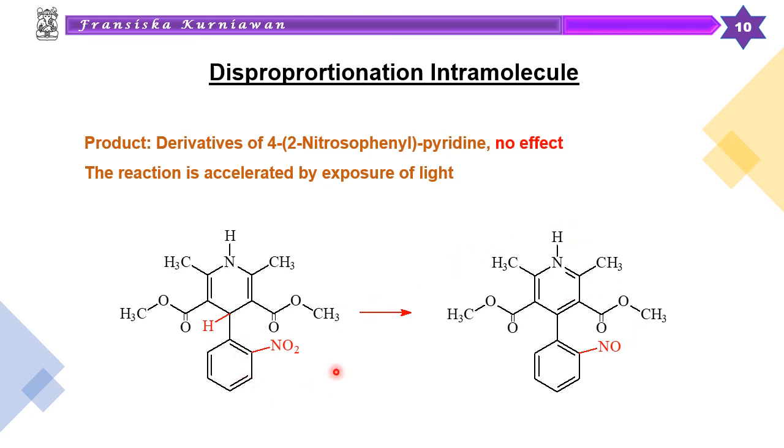And if nifedipine has already changed into this structure, there is no effect. So if you consume this drug after exposing it to light, and the drug has already changed into this nitroso group instead of the nitro group, you will get no effect. So this is the example of intramolecular disproportionation.